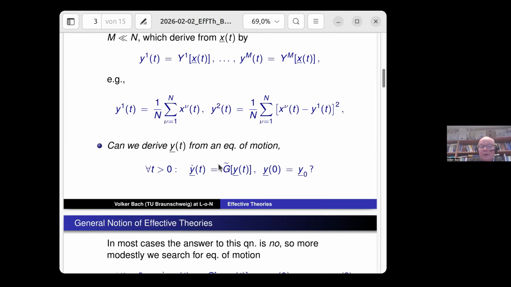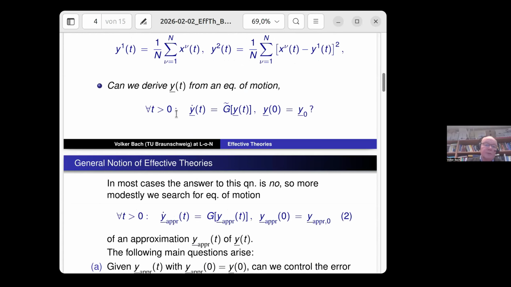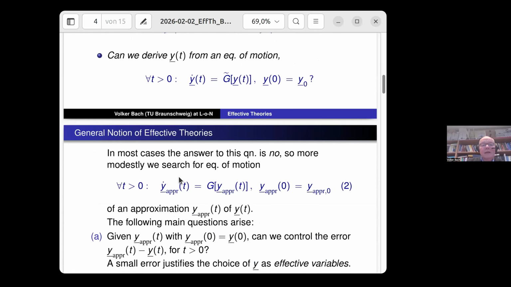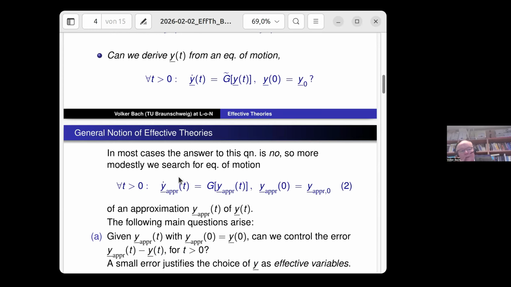So posing this question, I can say the answer is in most cases no, it's not possible. And maybe that's already an interesting thing to look at. Namely, one can see that for most examples, if you are trying to quantify an equation of motion for a reduced set of variables, then it will not be possible to put it in a differential equation anymore.